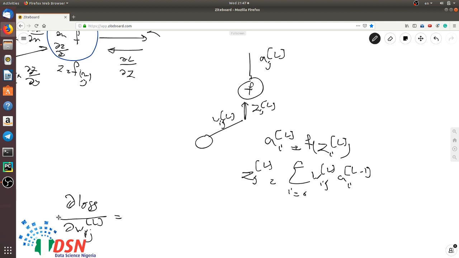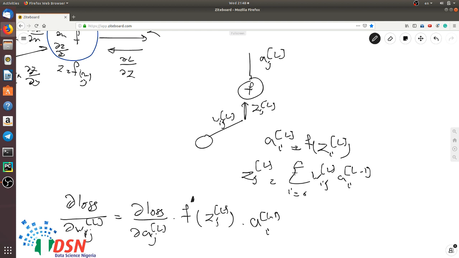So we could write this as the partial derivative with respect to aj of L in here, times the derivative of the activation function for the input of that, times ai of the previous layer.